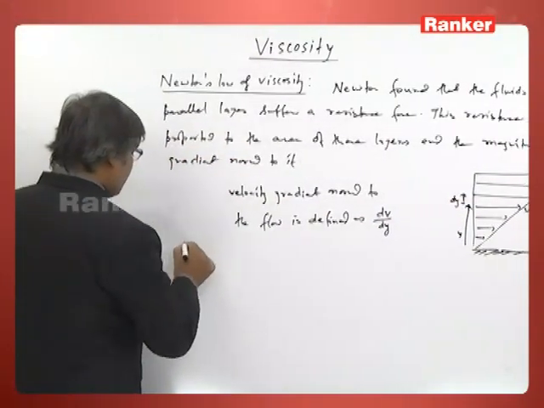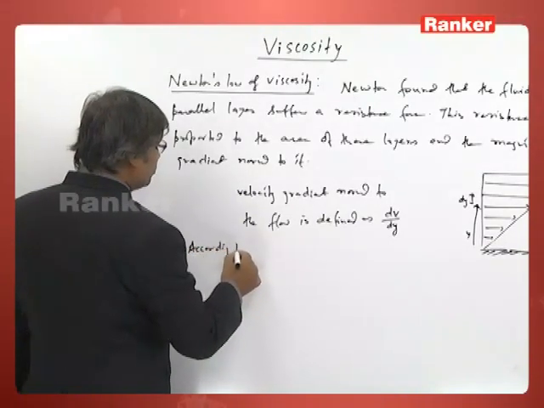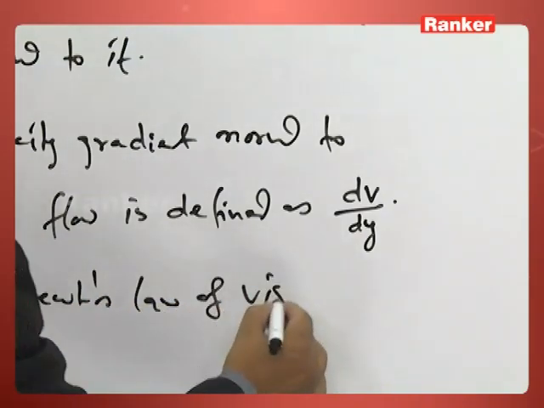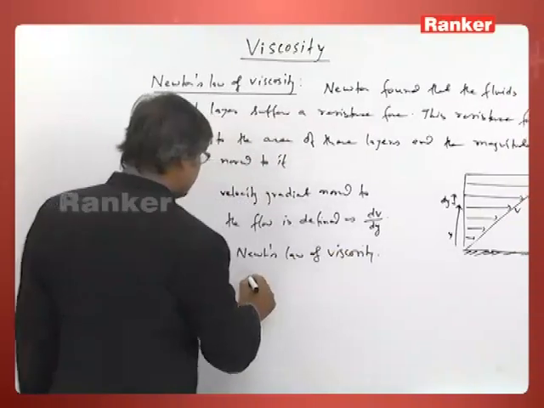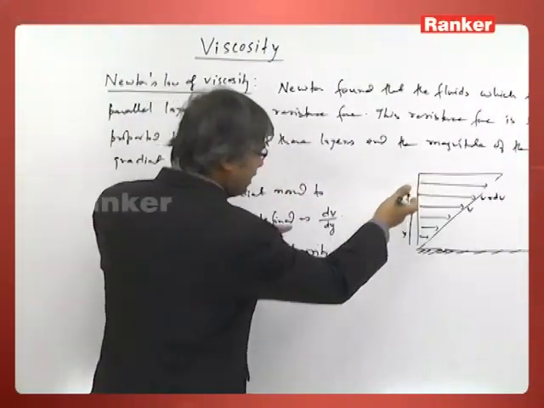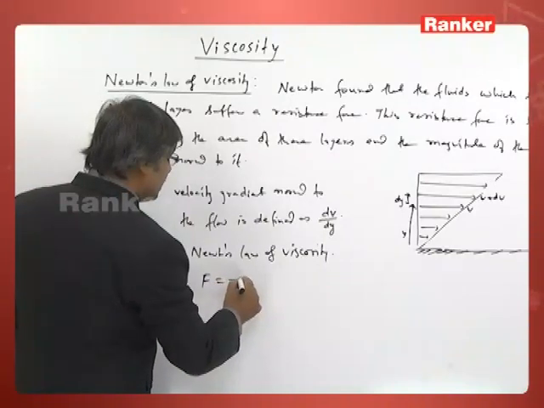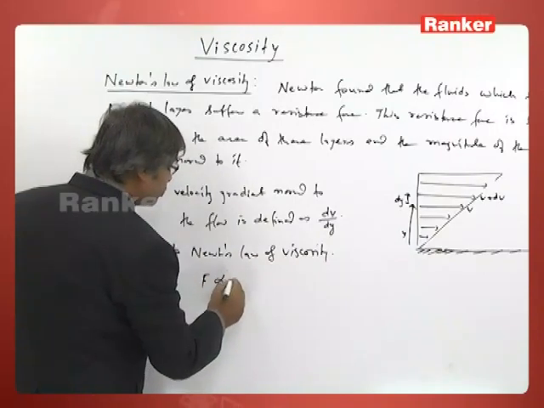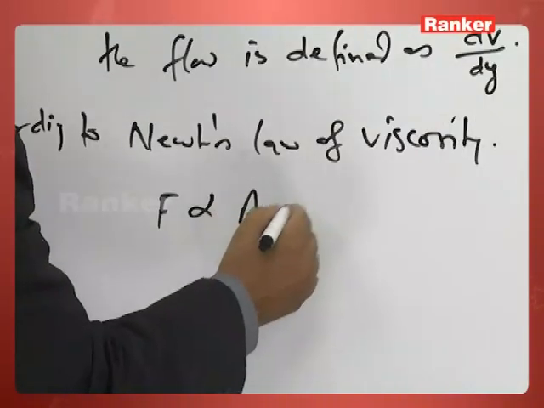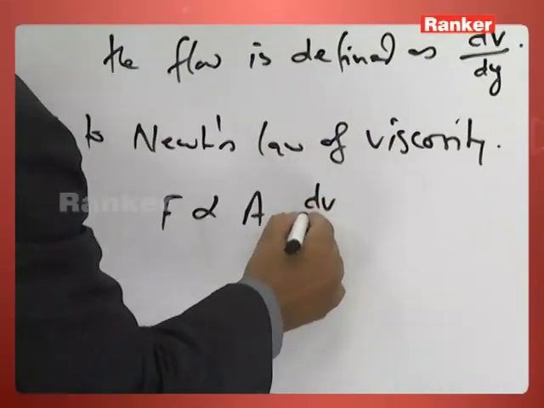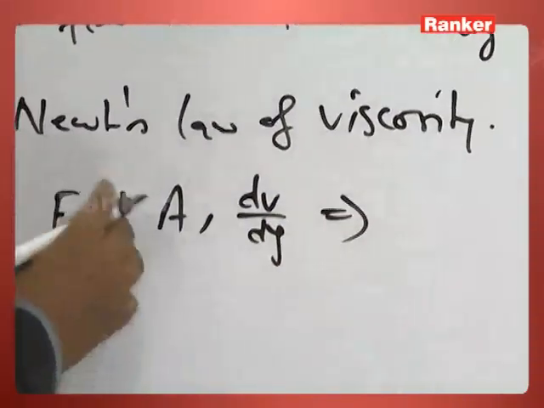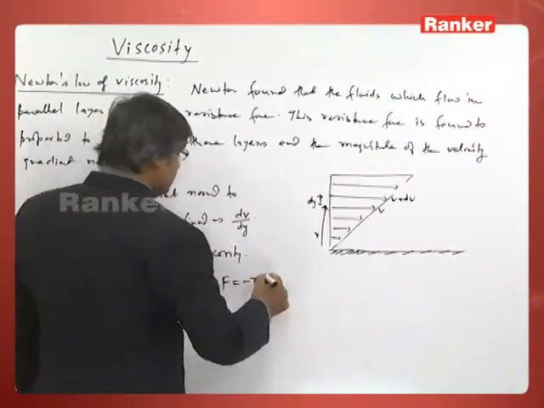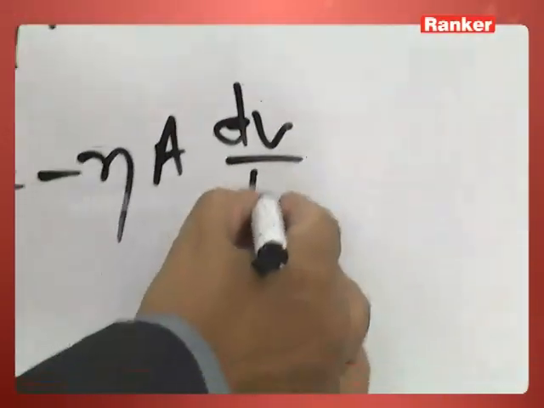So, according to Newton's law of viscosity, the force of friction between the two different layers is proportional to the area. This proportionality constant is there, proportional to area, and this gradient, that is dv by dy, implies, if I use the constant, F is equal to minus eta A dv by dy.